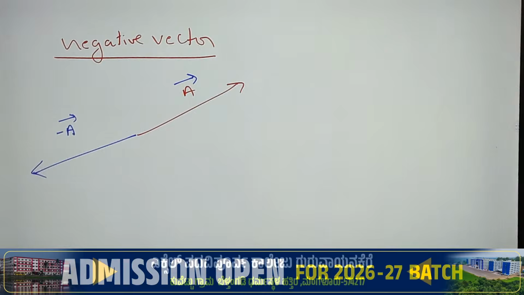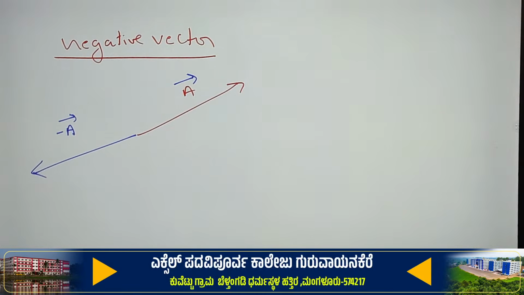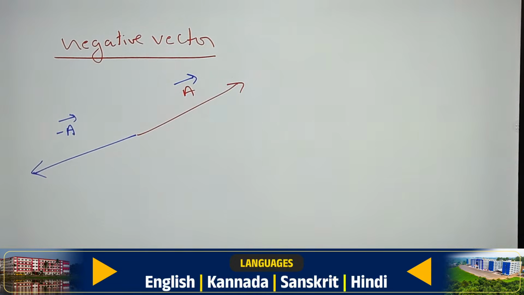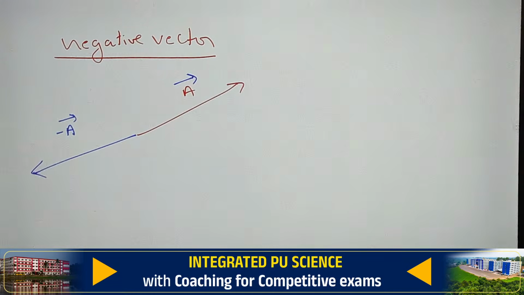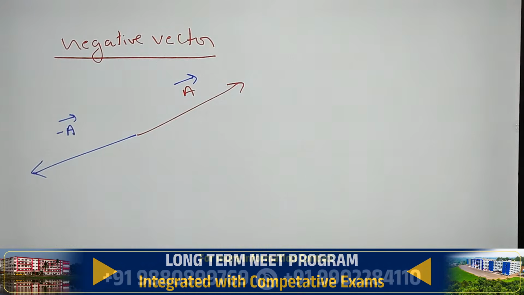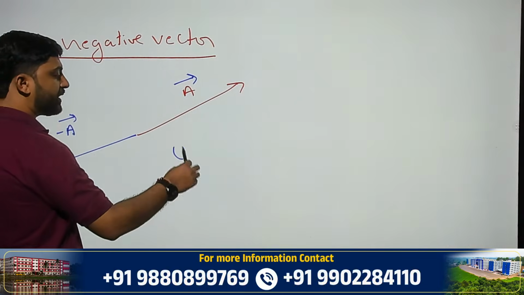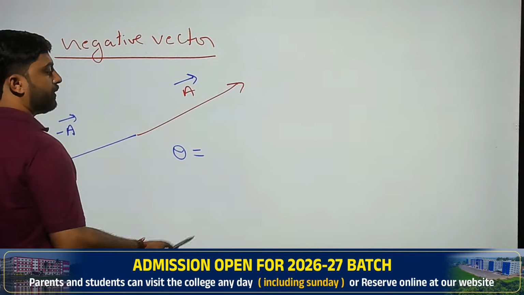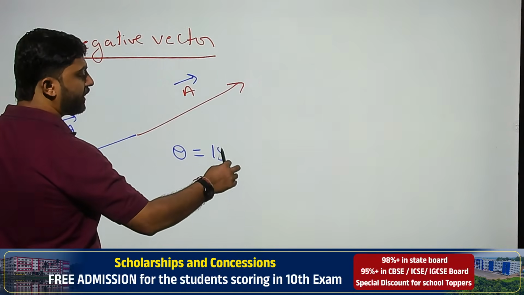How to draw a negative vector? The length should be the same, but the direction should be opposite. If anyone asks what is the angle between these two vectors, it is 180 degrees.